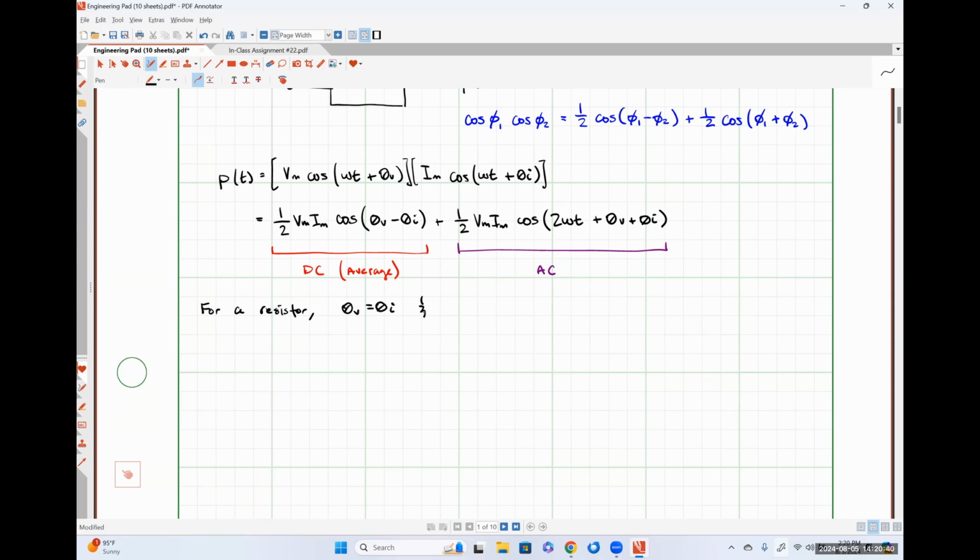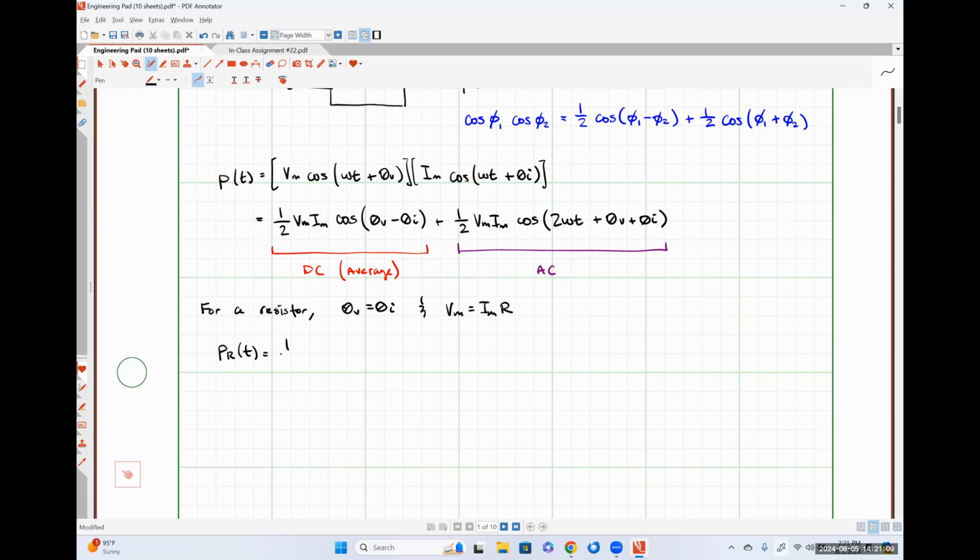And we also know that the magnitude of the voltage is equal to the magnitude of the current times the resistor value. These are relationships that we learned when we were developing our frequency domain relationships.